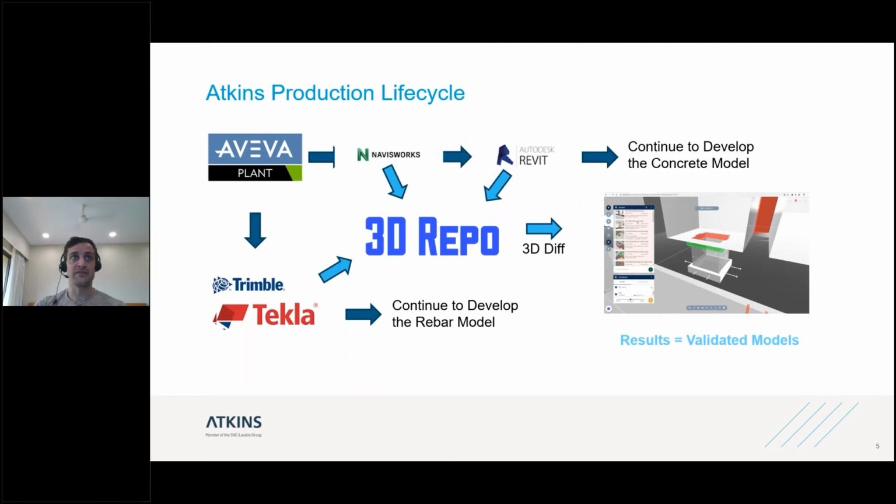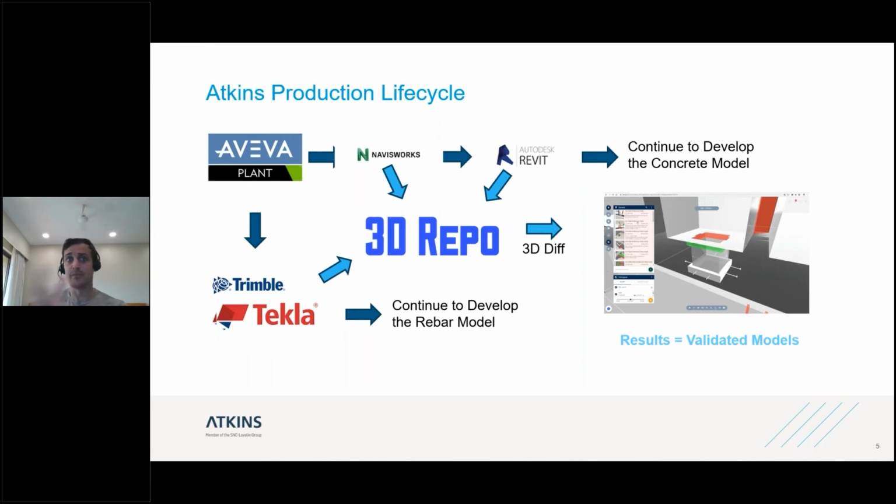Firstly, we make sure that the conversion EDF have done from the PDMS model to Tekla is right, so that our inputs all align. We then check that our created Revit model, which is the file that's going to be used for construction, where the construction level work happens, again matches these models. So we've got that 3-way validation.